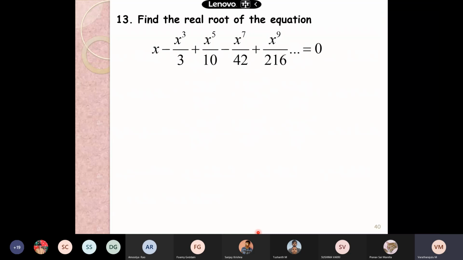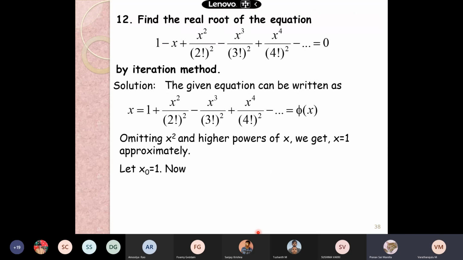And I requested you to solve this particular problem. Did anyone? What was the answer for this particular problem? For this one, what do we take as the initial approximation, sir? In the last method we ignored higher powers and got 1 for the previous problem. For this one, if we keep 0, it will keep on iterating to the same value.